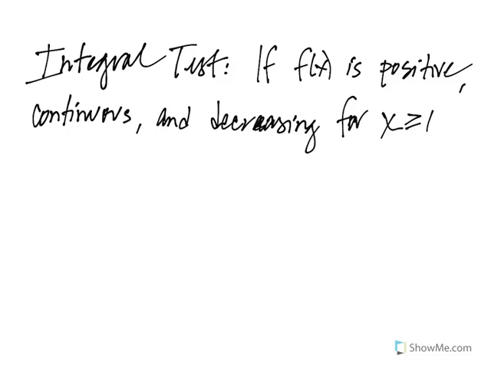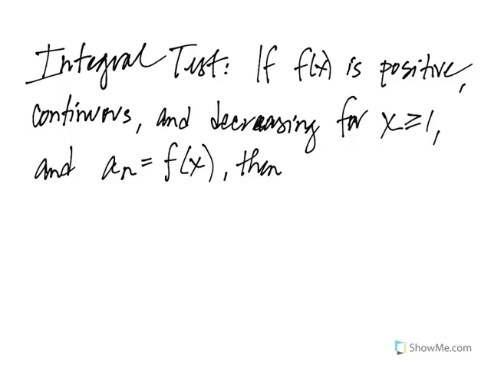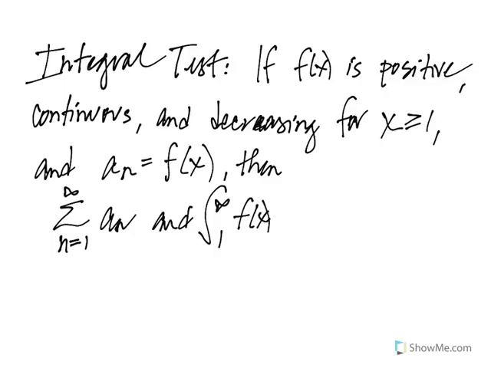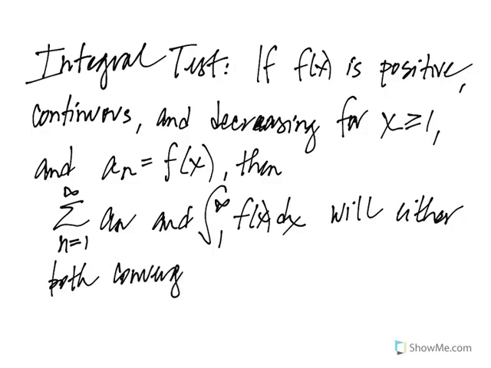So let's take a look at the formal wording for the integral test. The first portion says, if f of x is a positive, continuous, and decreasing function for x values greater than or equal to 1, and we'll let a sub n equal the same expression as f of x, then the series from n equals 1 to infinity of a sub n and the area from 1 to infinity of f of x dx will either both converge or both diverge.